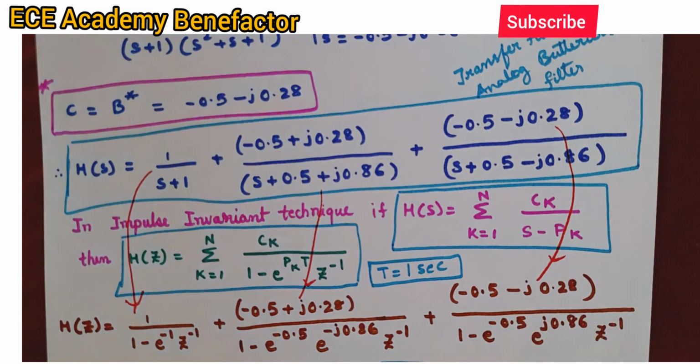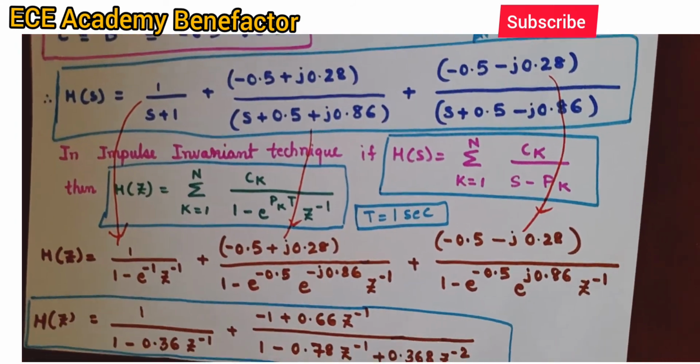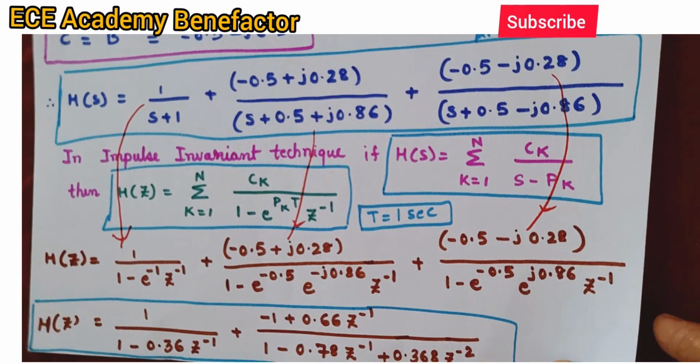Okay. On further simplifying, we will be getting h of z as 1 by 1 minus 0.36 z inverse plus minus 1 plus 0.66 z inverse by 1 minus 0.78 z inverse plus 0.368 z to the power of minus 2.